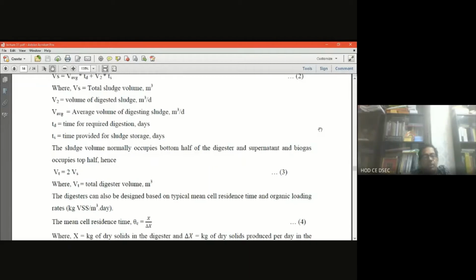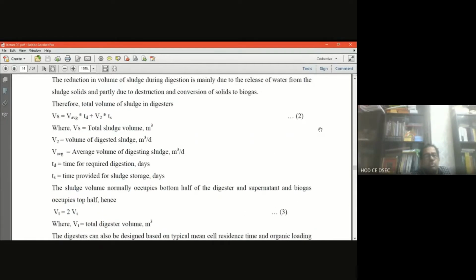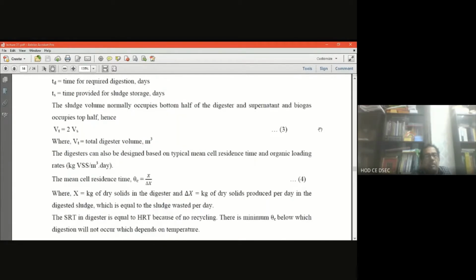So approximately, for design purposes, we can calculate the digester volume by multiplying the total volume of the sludge by 2, where Vt equals the total digester volume in meter cube.